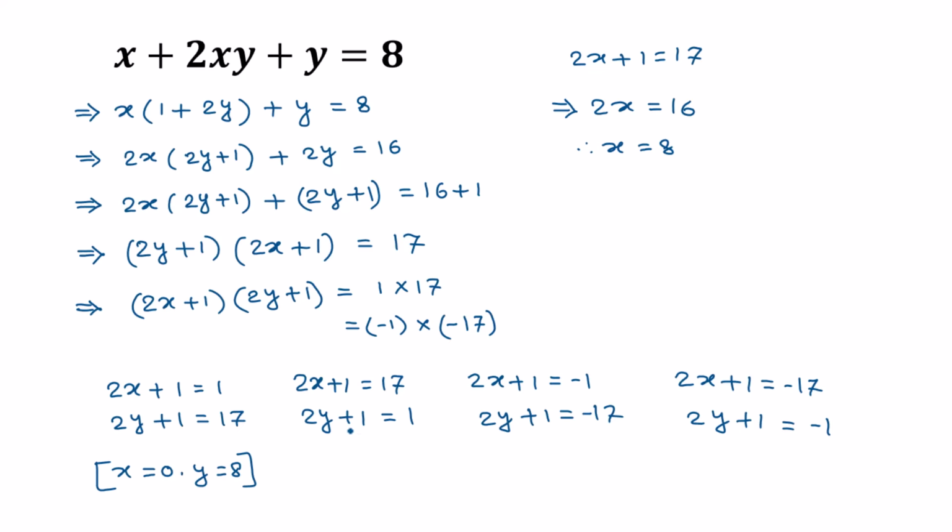And for the second equation, 2y + 1 is equal to 1, or taking this 1 to the right side, we get 2y is equal to 1 minus 1, this is 0, and dividing both sides by 2, we get y is equal to 0. So for this case, we have found x is equal to 8 and y is equal to 0.